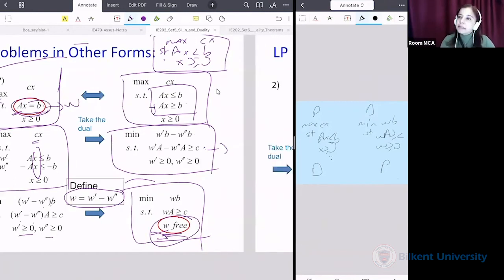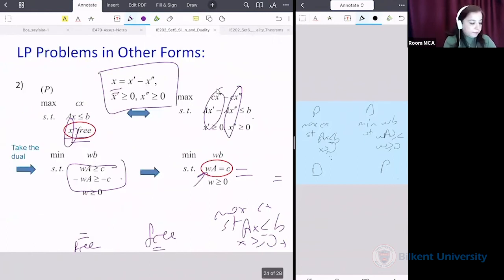In the next slide, we have dealt with free variables, okay? If the variable is free, the associated constraint, because for each such variable I'm going to write a constraint, will be equality, all right?